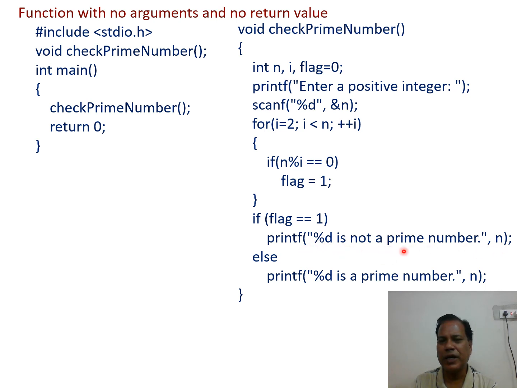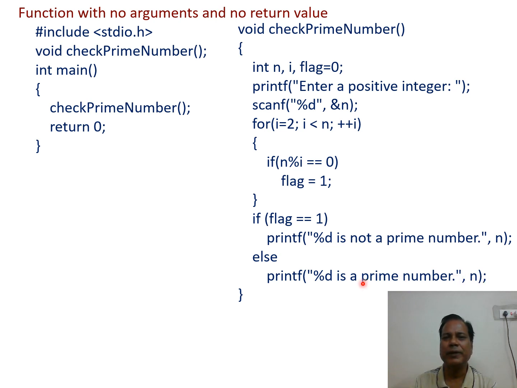So n is not a prime number because it is divided by some number which is lesser than n. If this condition is false, then the else part is executed and printf %d, that is, n is a prime number.